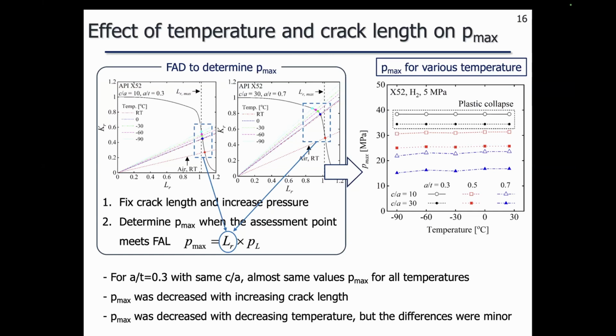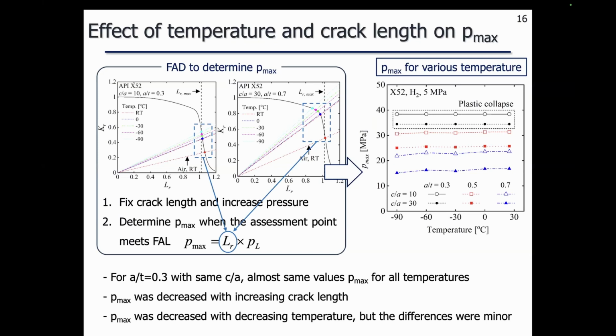First, we increased the applied pressure with fixing the crack length, and the LR corresponding to the Pmax when the assessment point meets the FAL was determined as LR, and finally the Pmax value was calculated by multiplying LR by limit pressure PL. The right figure shows the Pmax for various temperatures.